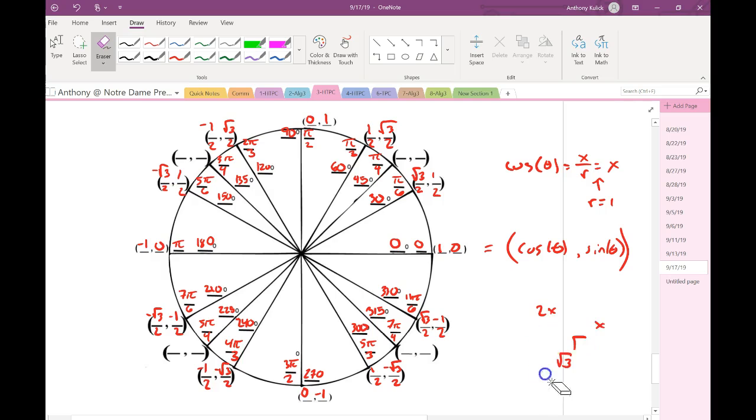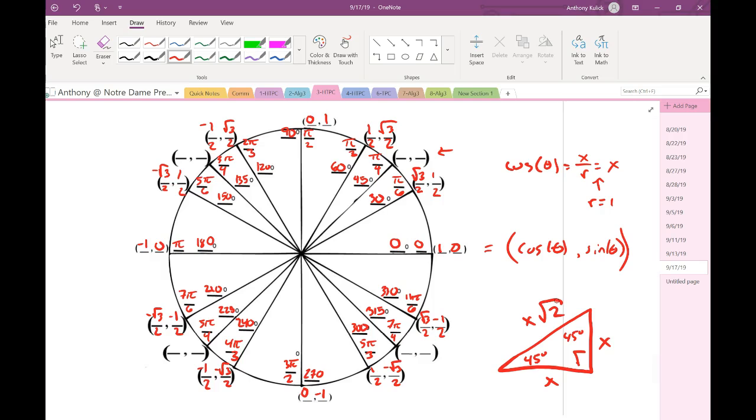Okay. Now let's do the 45-degree angle. We can use our 45, 45, 90 triangle to determine the sine and cosine in these situations. Sine is going to be x over x square root 2.